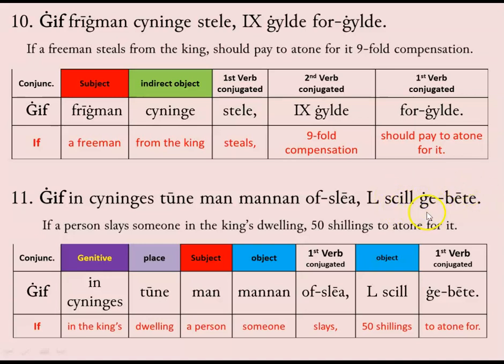Gebete is a verb, to atone for. Okay, if a person slays someone in the king's dwelling, 50 shillings to atone for it. Notice that terse style. You can imagine this being read aloud: if a person slays someone in the king's dwelling, pause, 50 shillings to atone for it. You can see how that's easier to commit to memory than some wordy, multiple sentence structure.